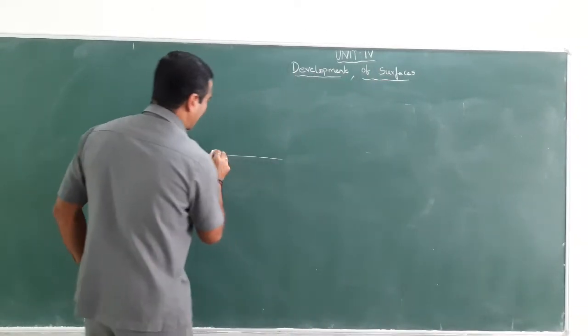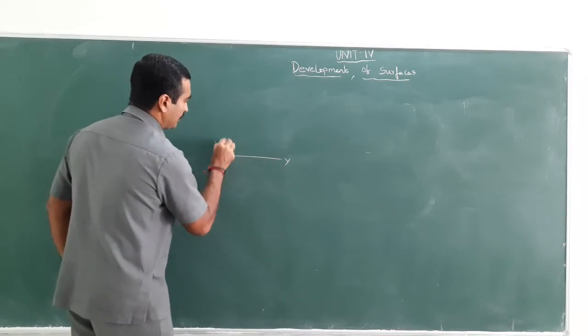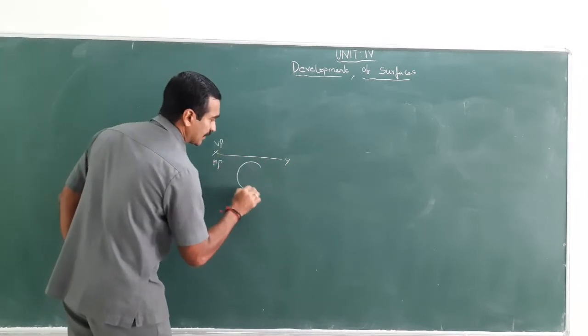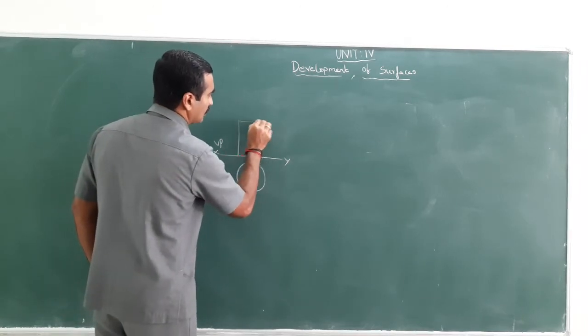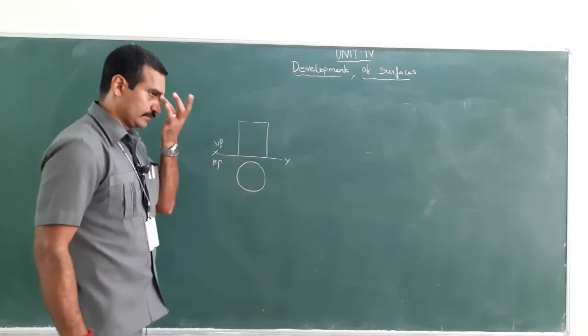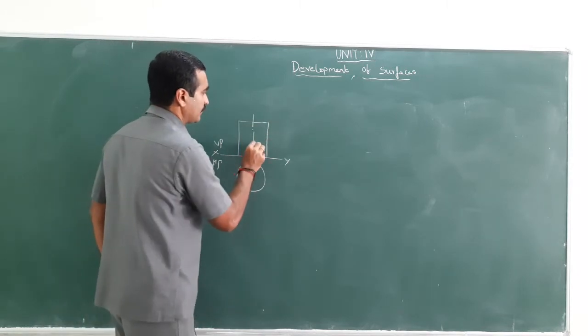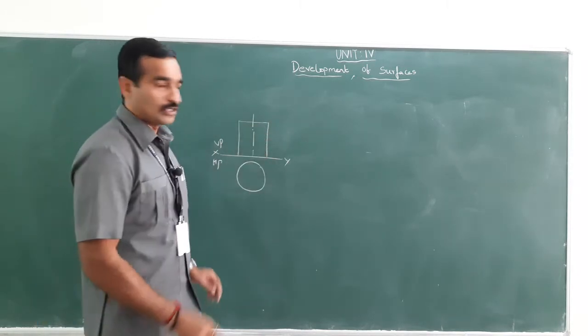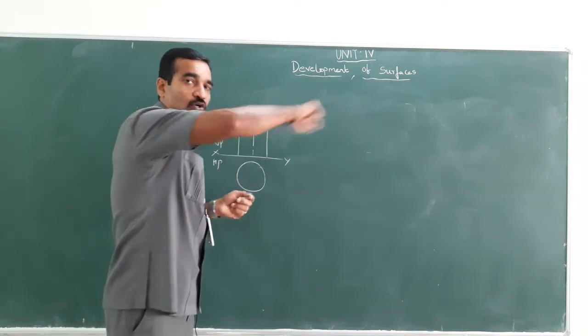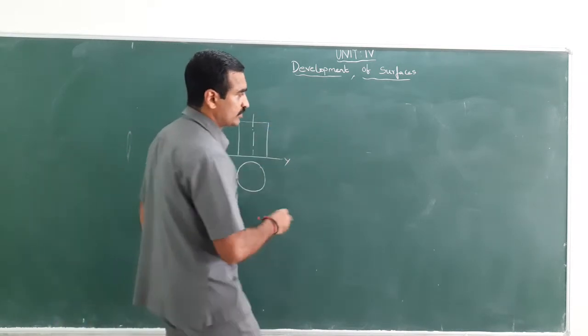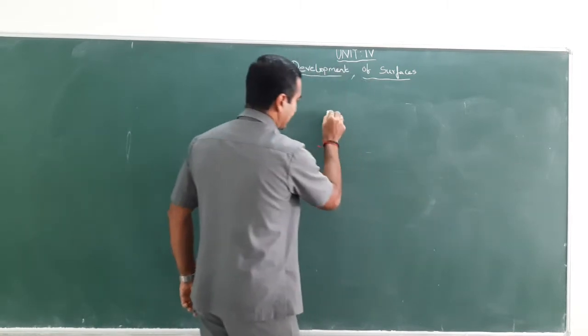Say for the XY line, above VP and HP, you could see a circle in the top view and a rectangle in the front view, isn't it? So this would be the center, right? When I cut it from the left extreme and stretch it out, you could see it in this manner.